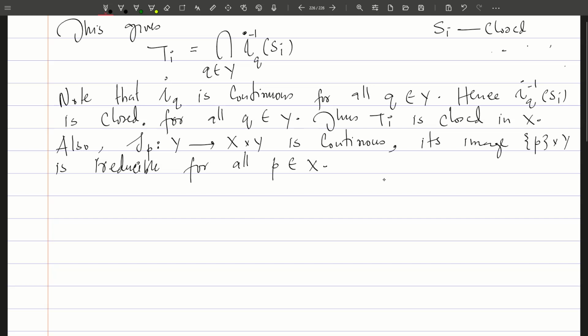But one can note over here the set p times Y is contained in Si. So now look at this set. p times Y is irreducible, and we get that p times Y is contained in Si.